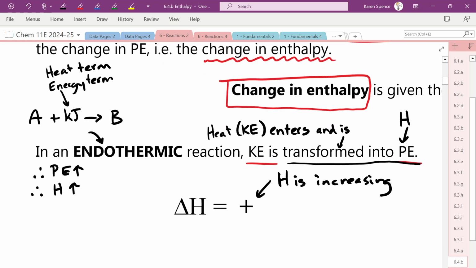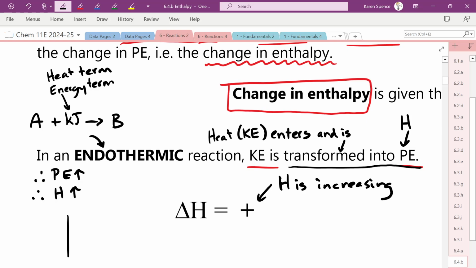Now, if we wanted to graph that, and we put our potential energy on the y-axis and the progress of the reaction on the x-axis, would we start high and finish low, or would we start low and finish high? Have a chat with your neighbor about that.